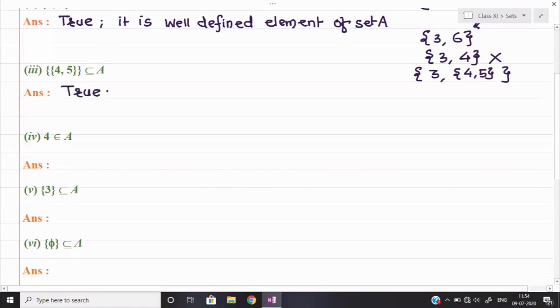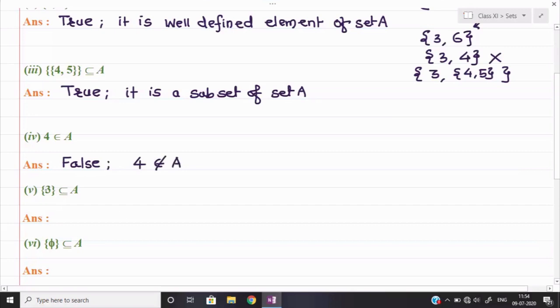The reason can be given because it is a subset of set A. Next, 4 belongs to A is false, because 4 is coming along with 5, and {4, 5} along with the curly bracket is the element. So false, because 4 does not belong to A, or 4 is not an element of set A.